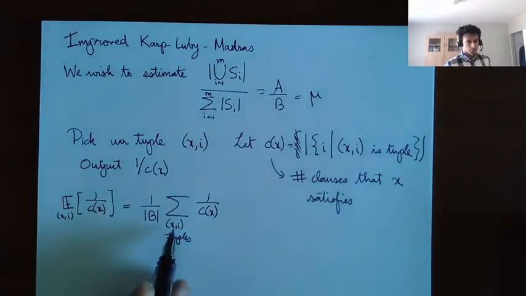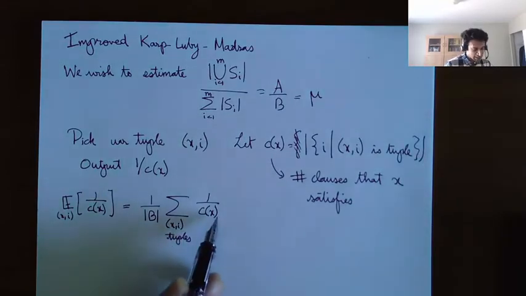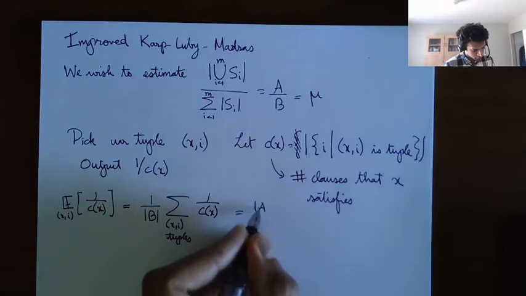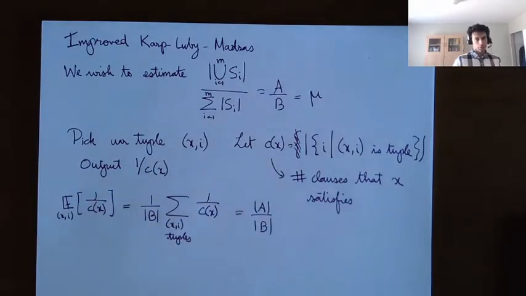Now note that x appears exactly c(x) times in this sum, and therefore this will give you a divided by b exactly. So does this make sense?